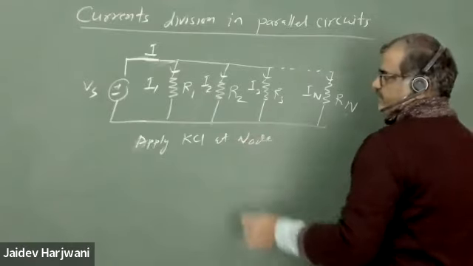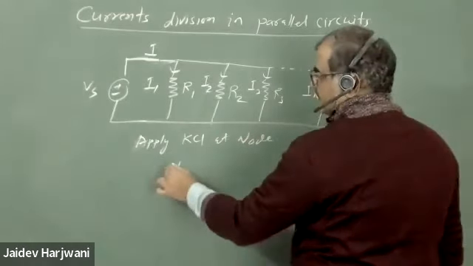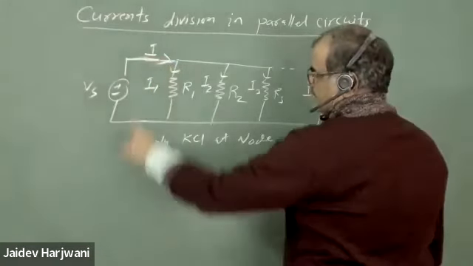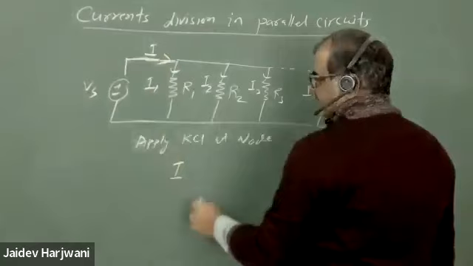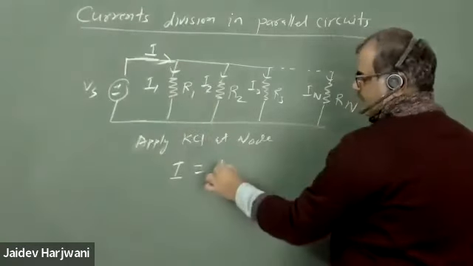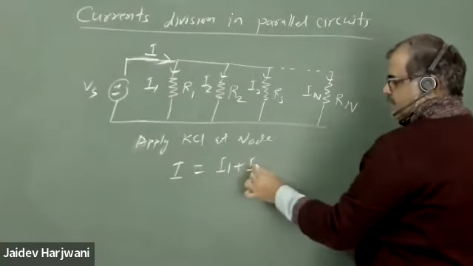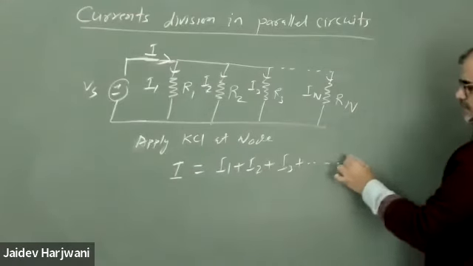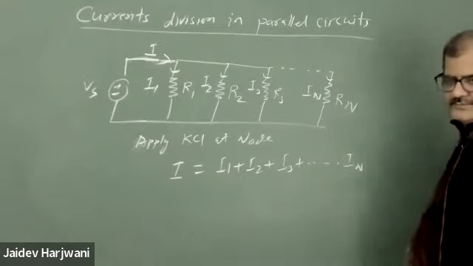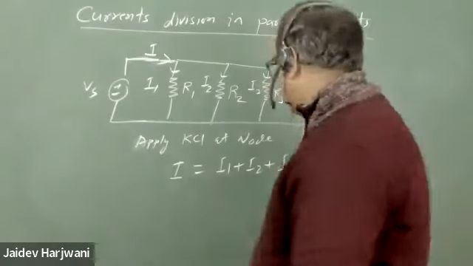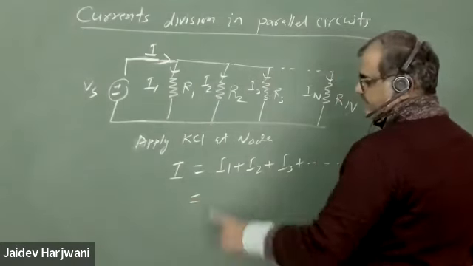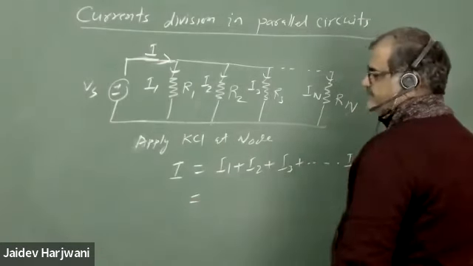KCL says incoming current is equal to outgoing current. So in this node, incoming current is I and outgoing current is I1 plus I2 plus I3 and IN, isn't it? Now if I write I1, what is the value of I1?